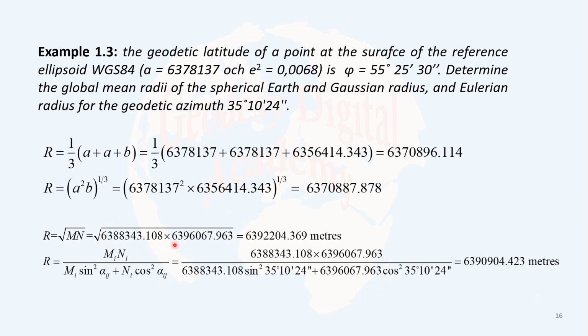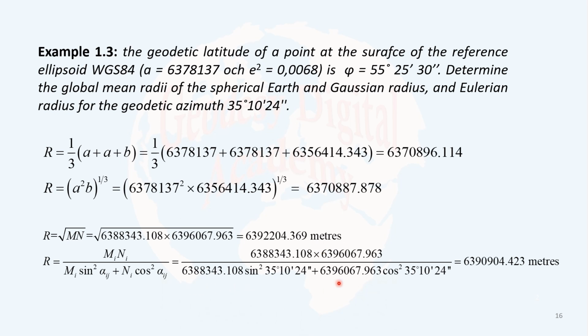If I multiply them and take the square root, I get the mean radius at that point. And for Eulerian, I have already defined here the geodetic azimuth. Therefore, I simply set M, N, and the geodetic azimuth to get this value.